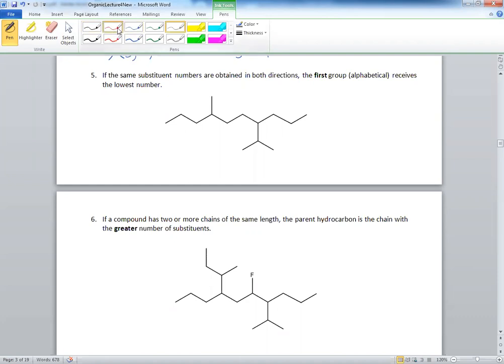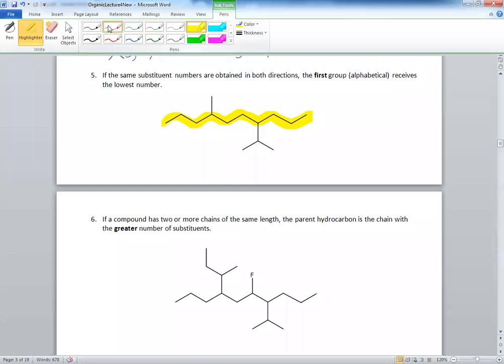So we start the numbering here. So here's our longest chain. If you count from this way or that way, you will get the same substituent numbers.